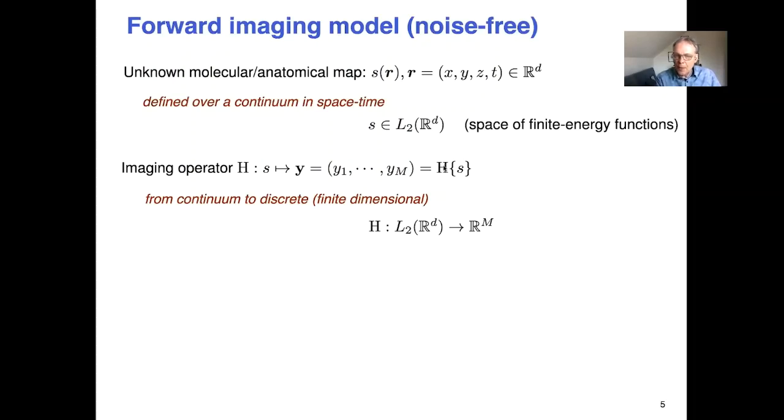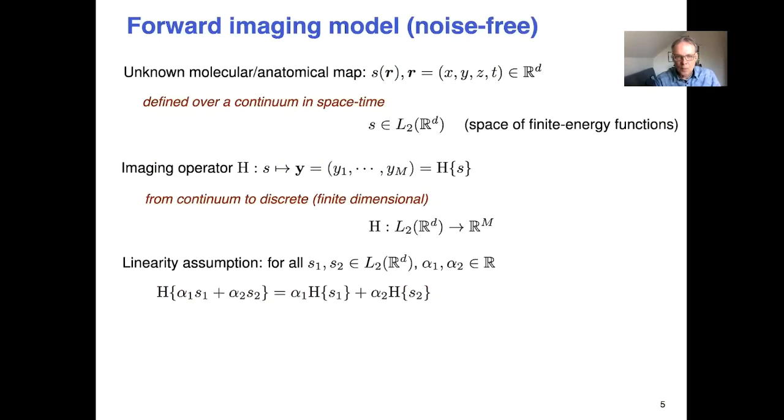Those are obtained by applying this operator, which represents mathematically the imager, to this unknown signal defined in the continuum. Really, here you're going from this continuum, in some sense infinite dimensional degrees of freedom, to something discrete, where you're only cranking out a finite number of measurements.